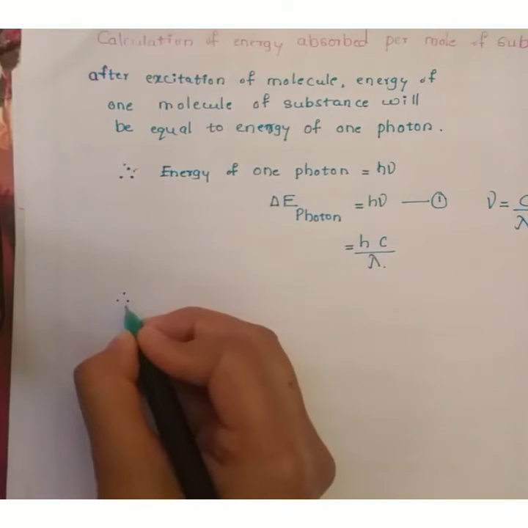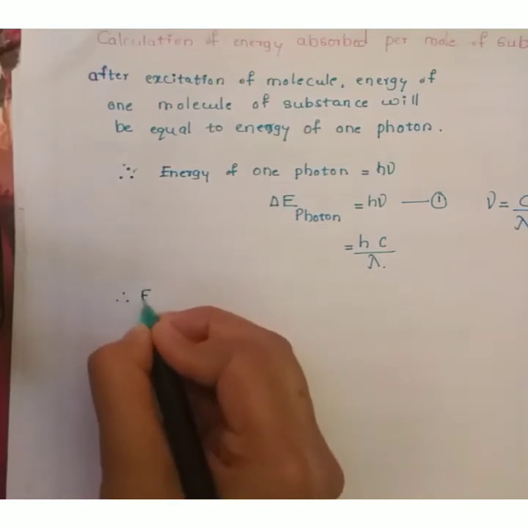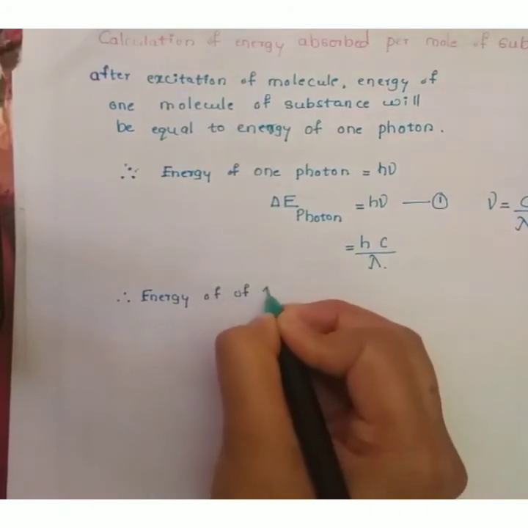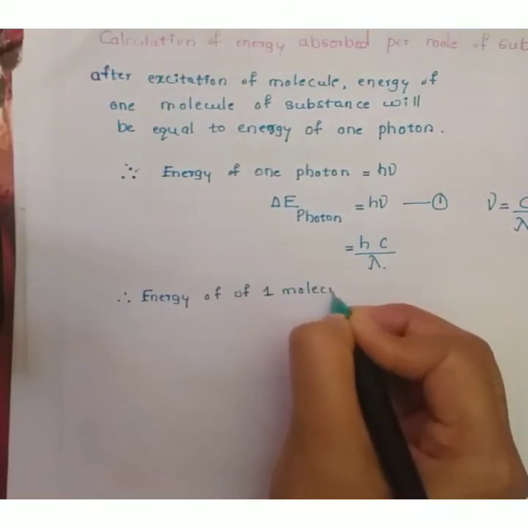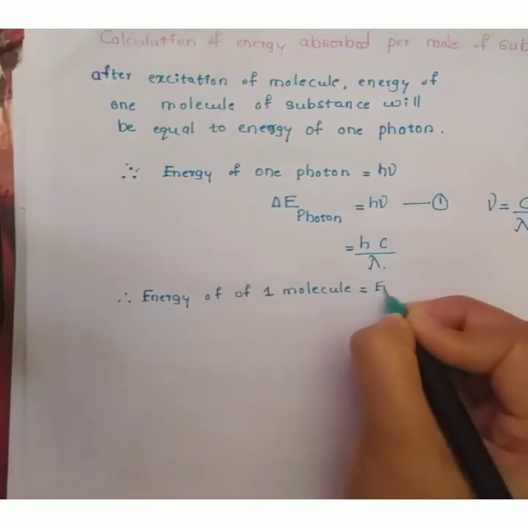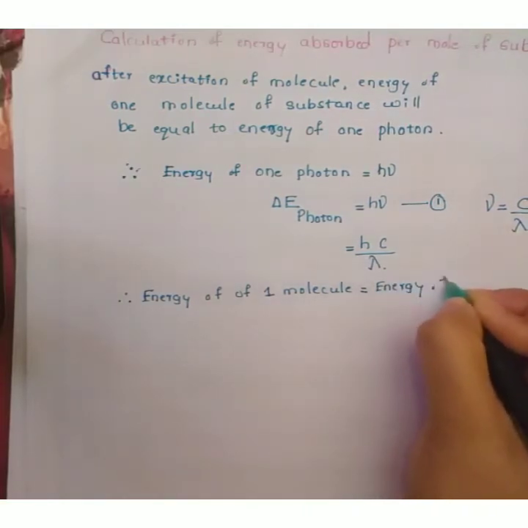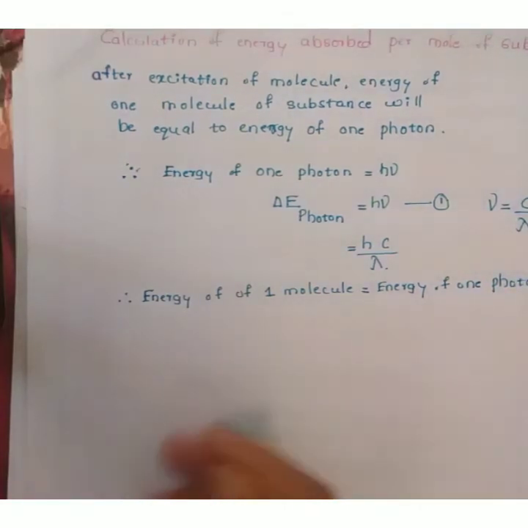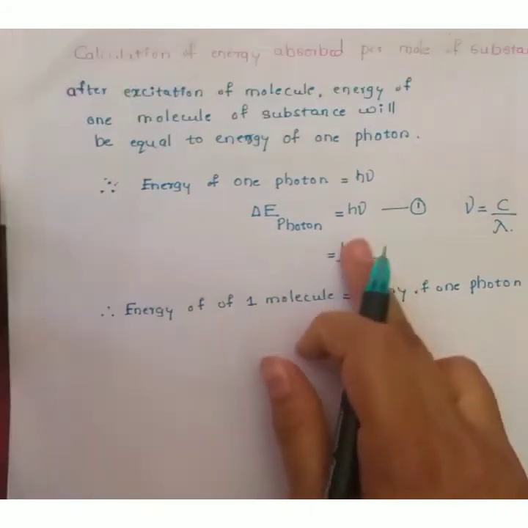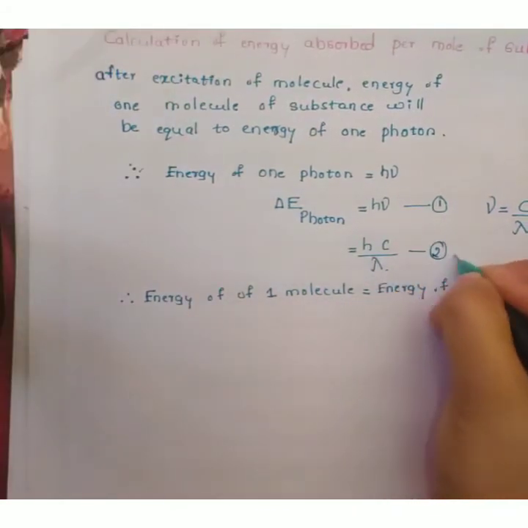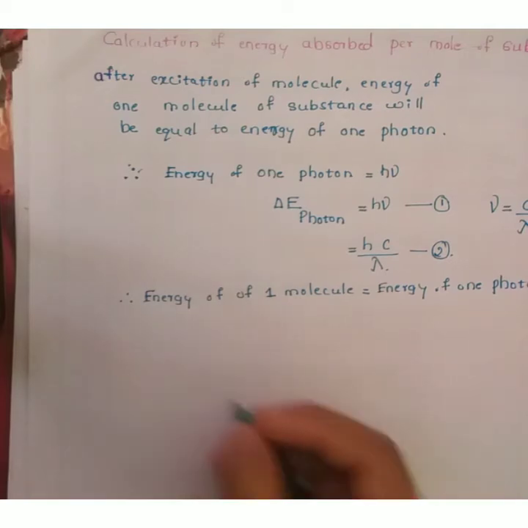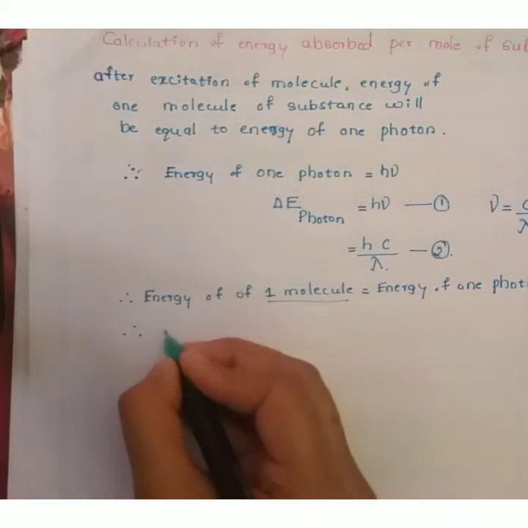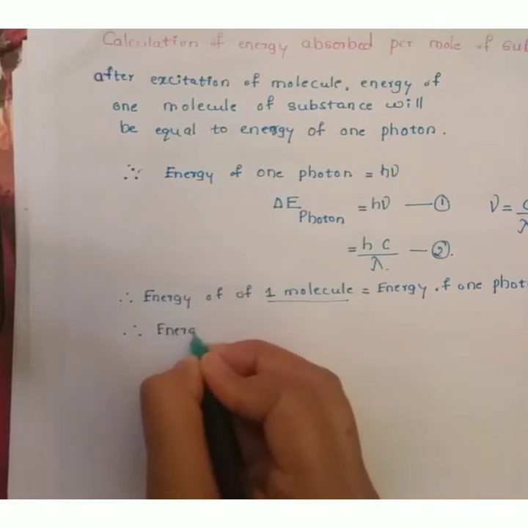Now we shall calculate the energy of one molecule. Energy of one molecule is equal to the energy of one photon, as written in equation number 2. So it is for one molecule, but we want it for a mole.